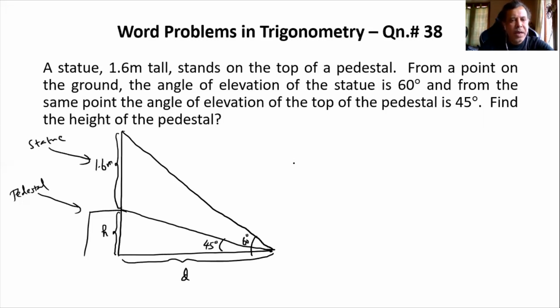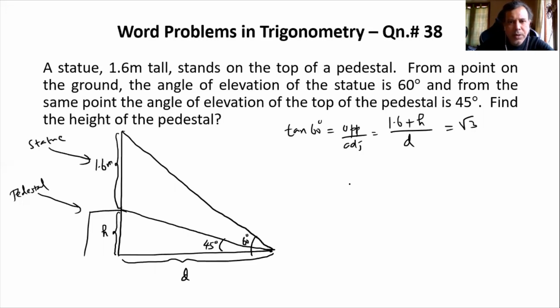Again, it is opposite by adjacent, so we will consider tan. First, let me write tan 60 degrees, opposite by adjacent. For 60 degrees, the opposite is 1.6 plus h. The adjacent is d. What is tan 60?